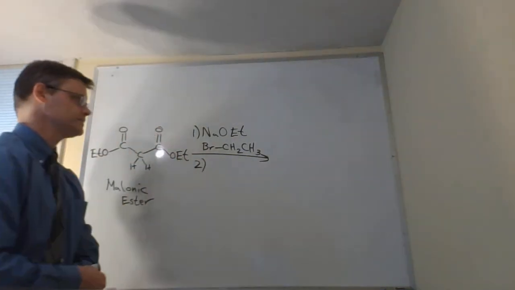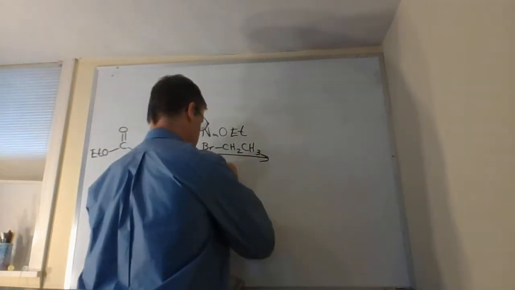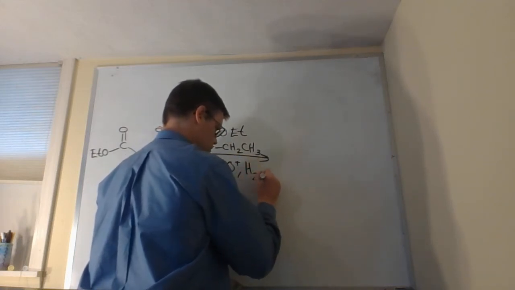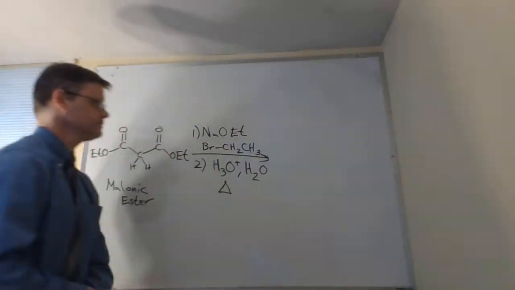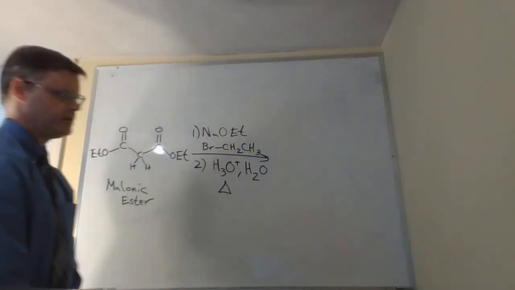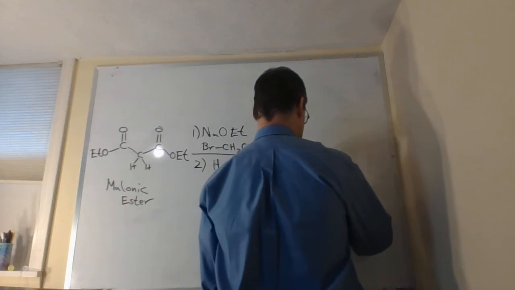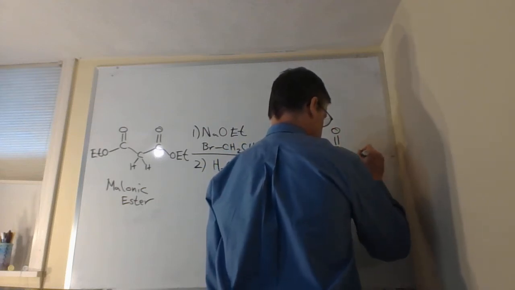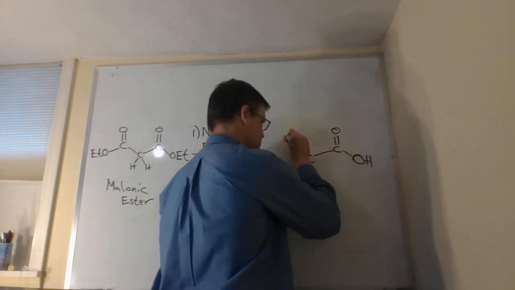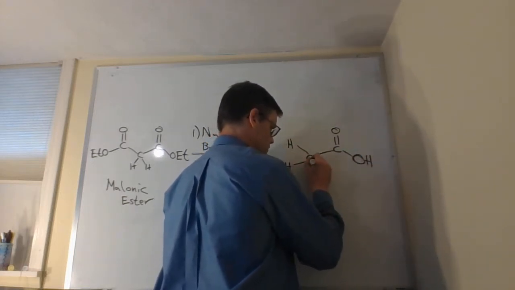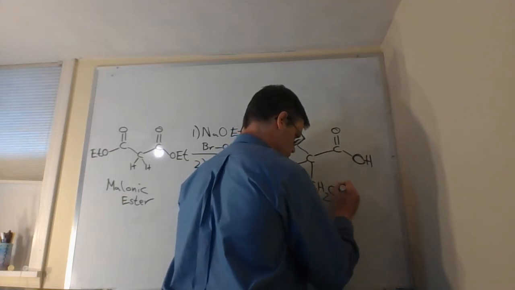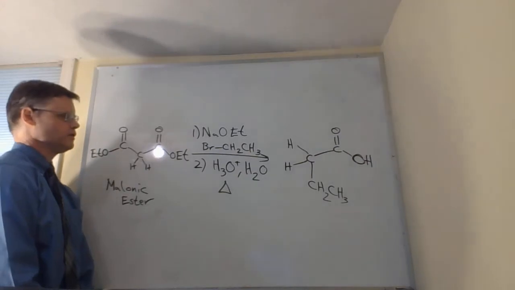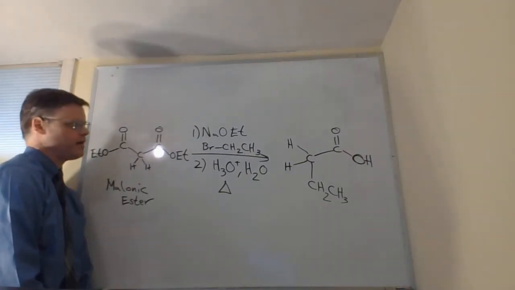Then we're going to have a second set of conditions after that where we have H3O+, H2O, and heat. And what that is ultimately going to give us is this molecule.